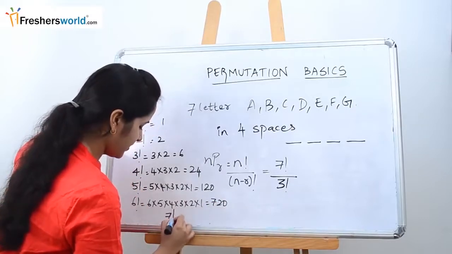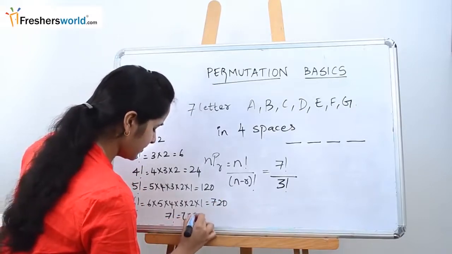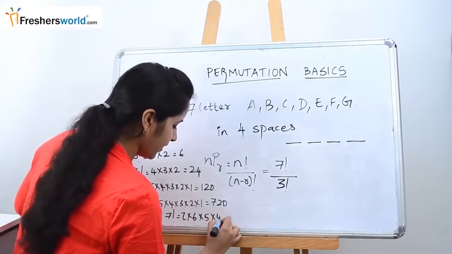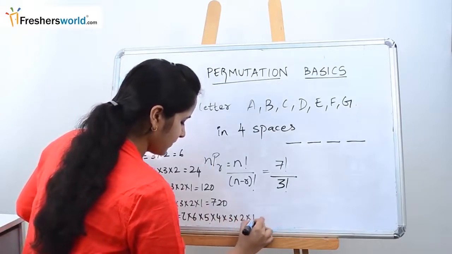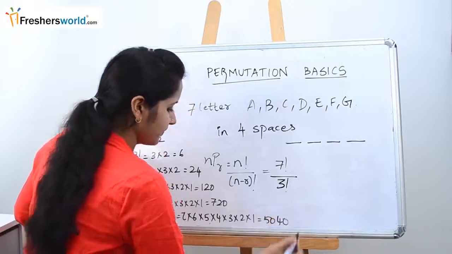And 7 factorial is 7 into 6 into 5 into 4 into 3 into 2 into 1, which is 5040.